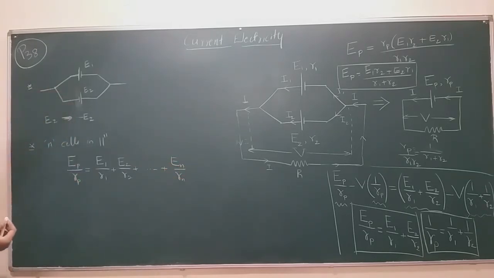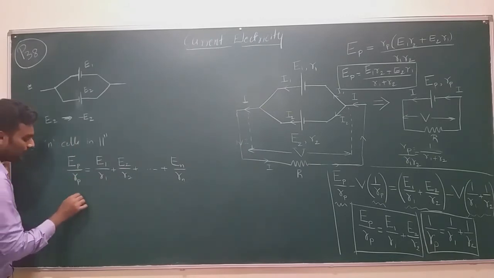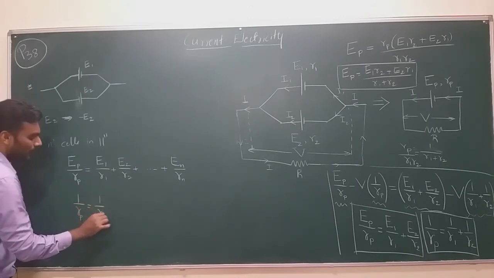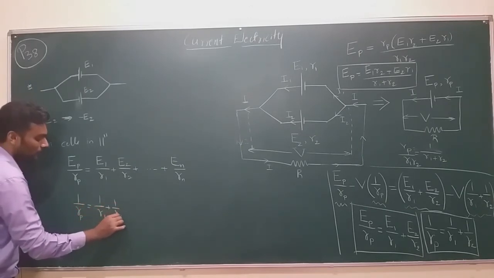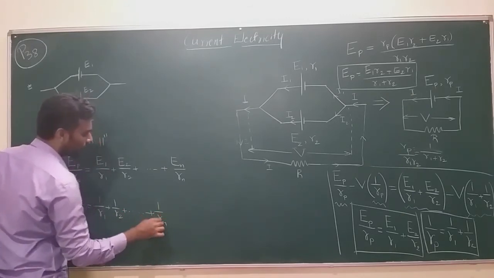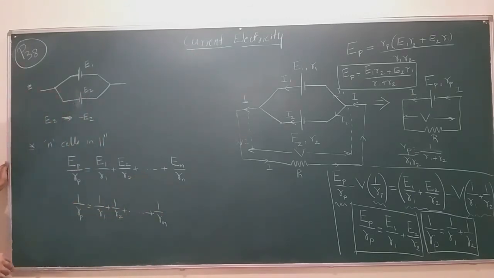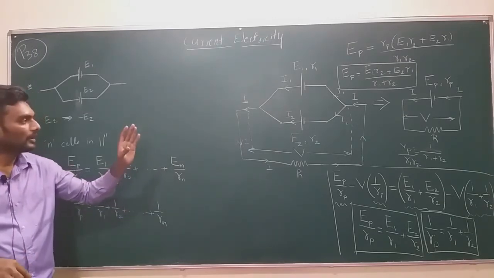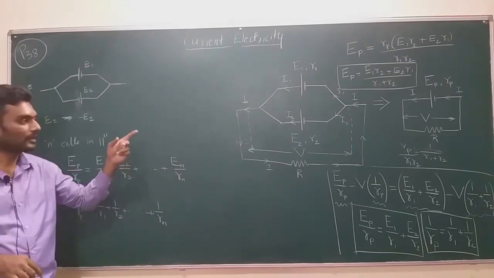And when it comes to the internal resistance of n cells connected in parallel, the effective internal resistance 1 by Rp is given by 1 by R1 plus 1 by R2 so on plus 1 by Rn. These are the expressions which have to be preferred when you have more than two cells connected in parallel.